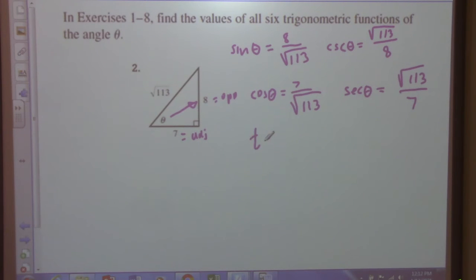And then we have tangent theta, which is equal to 8 over 7. And cotangent theta is equal to 7 over 8. And so that's it. Any questions about that? Did I make any mistakes on that?